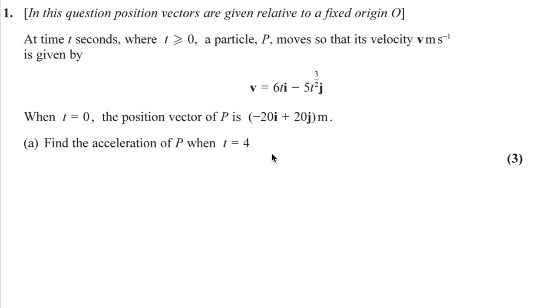Okay, this is a walkthrough of the mechanics paper from the Edexcel 2019 sitting, the A2 paper. We've got question 1 here, which gives us an equation for the velocity in vector form, and it asks us to find the acceleration of the particle when t is equal to 4.